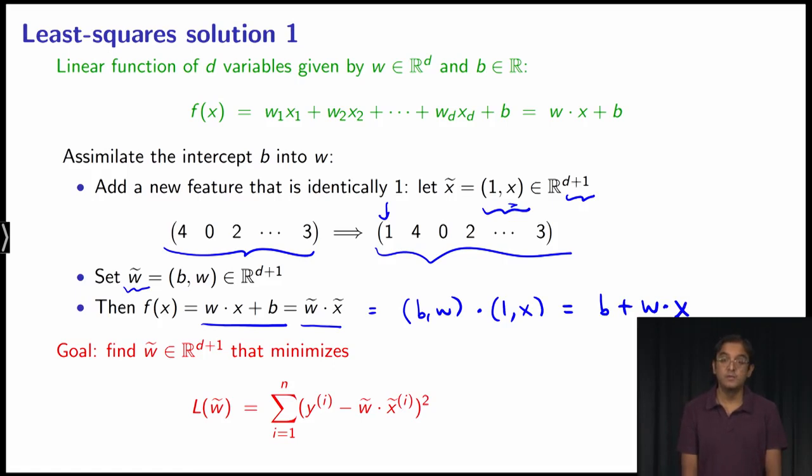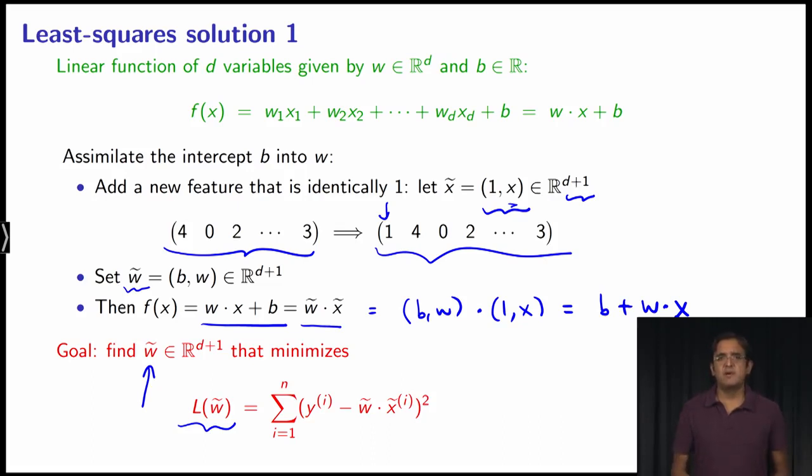So we've managed to rewrite the linear function without b by adding an extra feature to the data points and also to the W vector. So now we need only optimize for W twiddle, and here's the new loss function. We want to find the W twiddle that leads, once again, to the least squared error on the data set. And as we'll see, there's a nice formula for W twiddle.